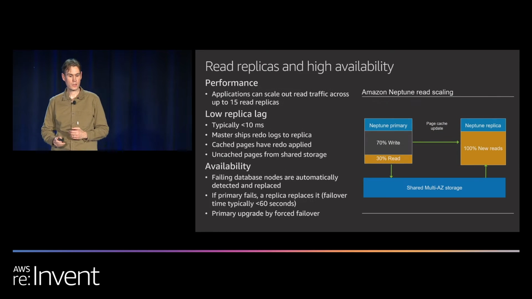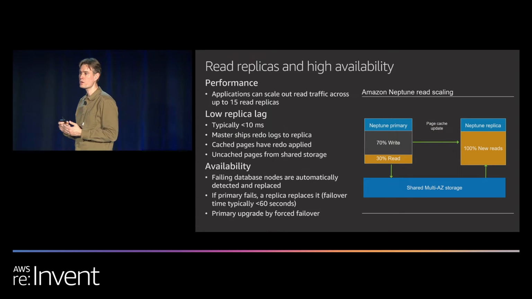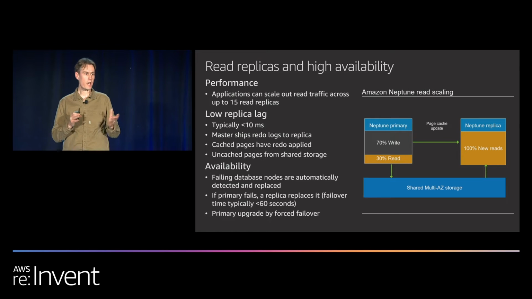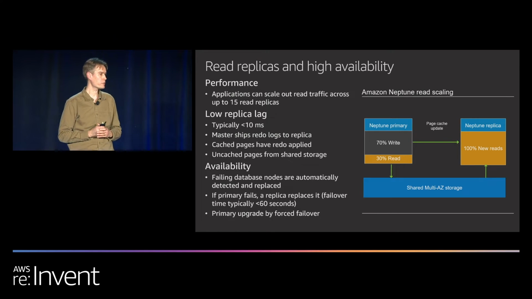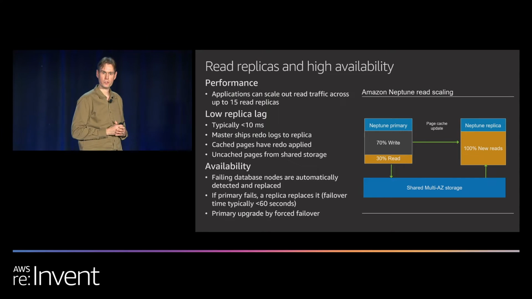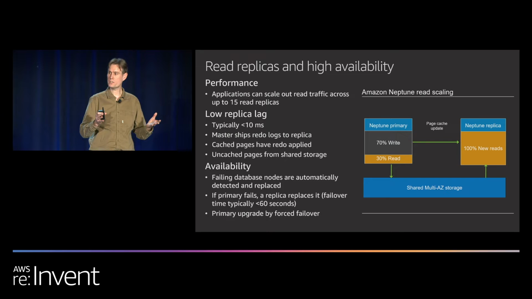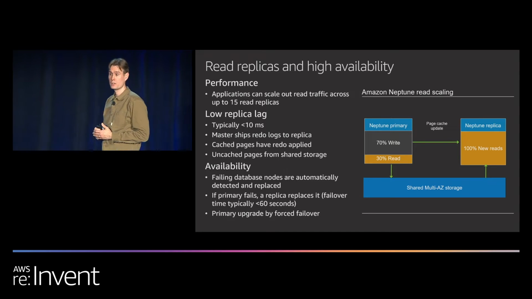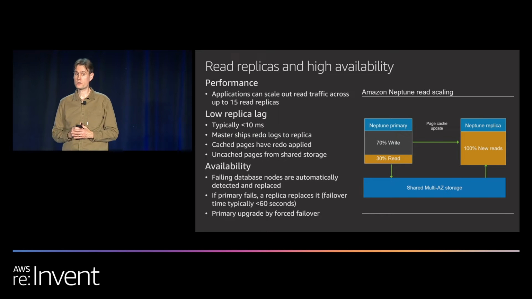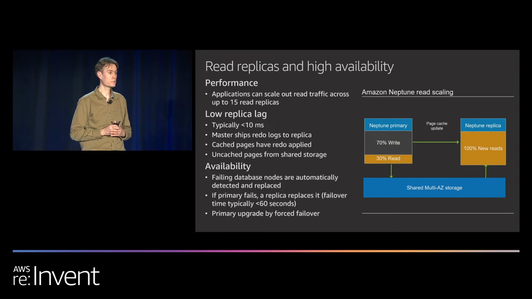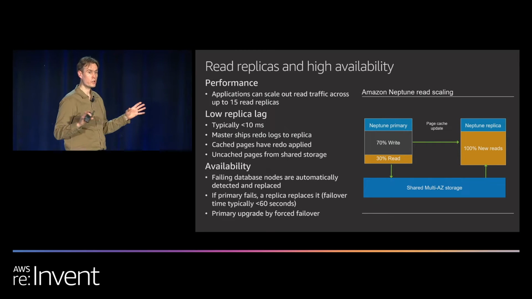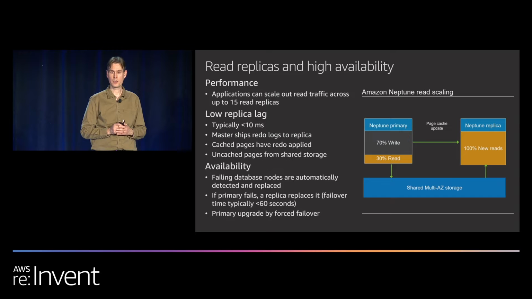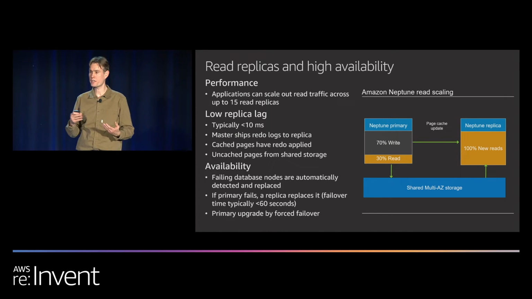The other thing that the storage service provides for us is high availability and read replication. So in this cluster of Neptune that you have, one of the instances is in the role of a write master. Up to 15 different instances are in the role of a read replica. Each instance has a shared view of your graph data, but independently evaluates the queries.